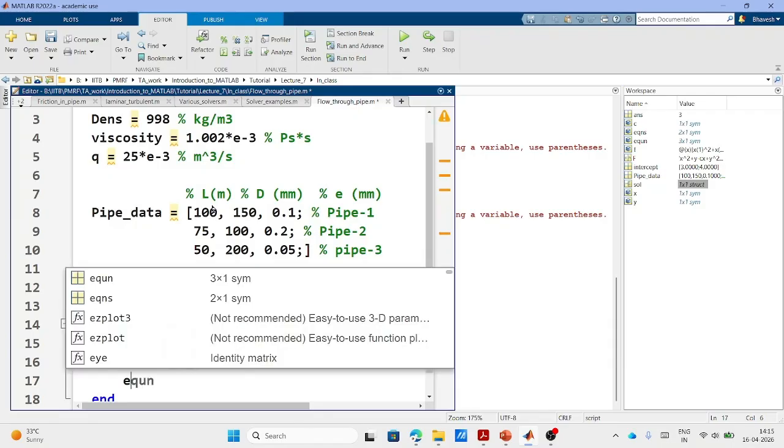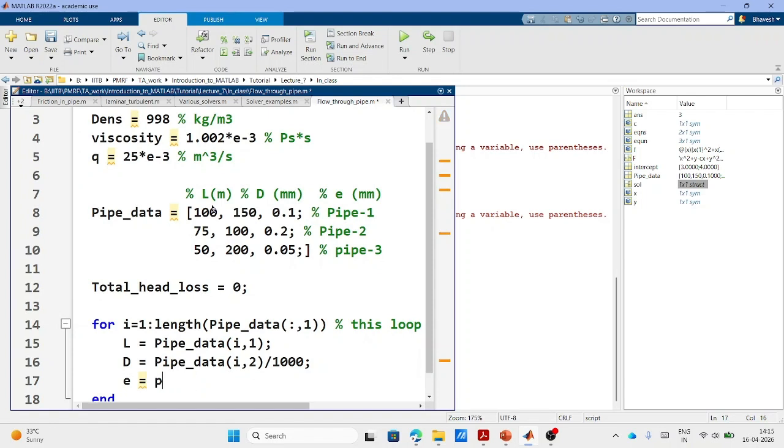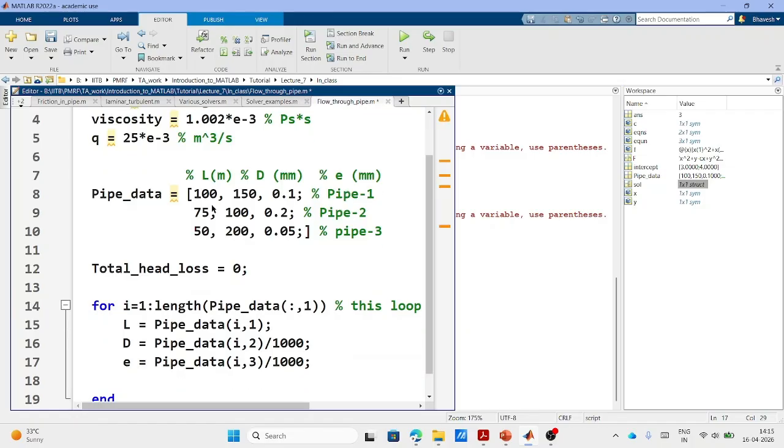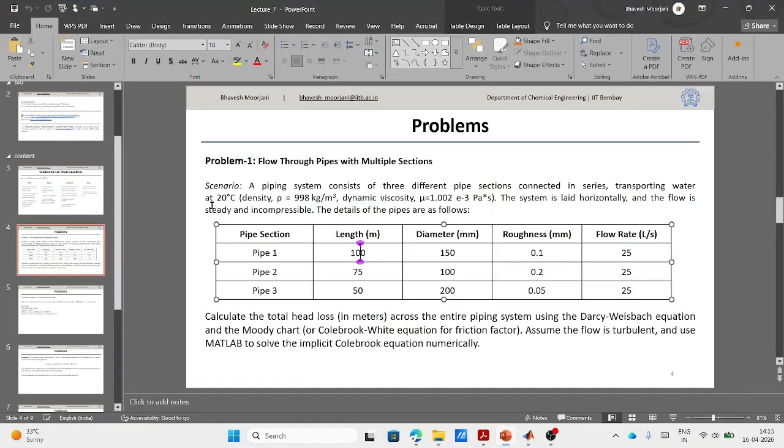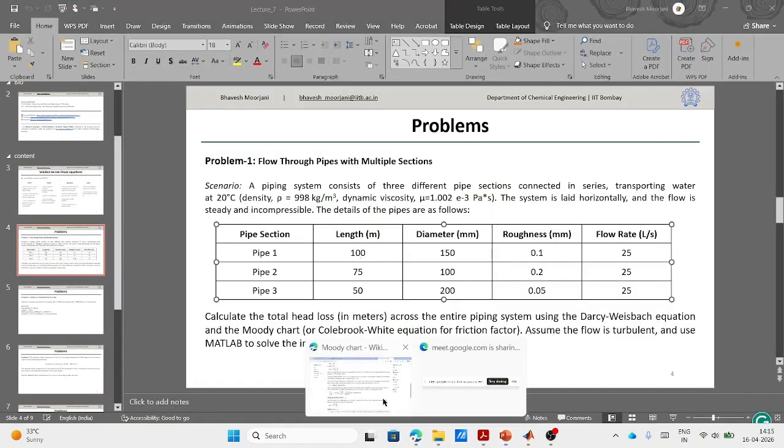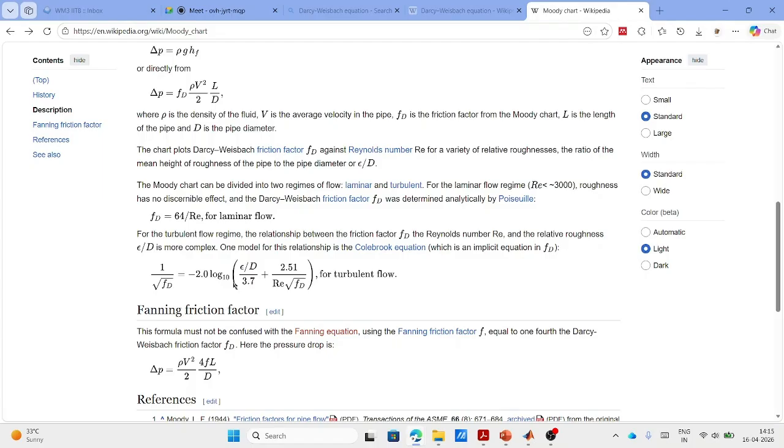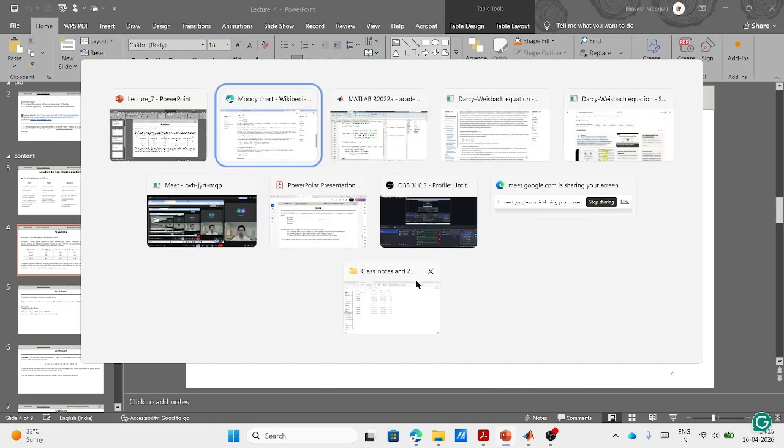Similarly, the E value becomes pipe data, your third column, which provides you the E value. So now you have length, diameter and E. In order to solve the Colebrook equation, you need the Reynolds number, and your Reynolds number is given as rho V D by mu, right?